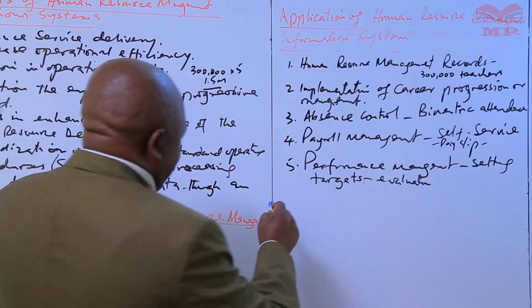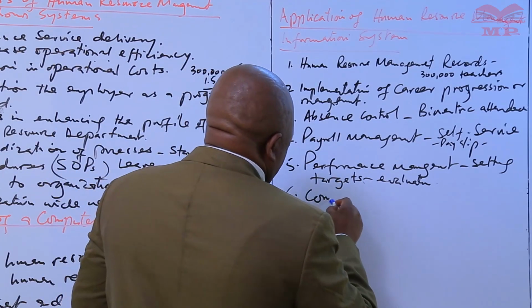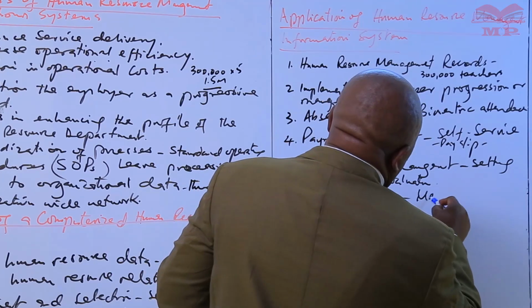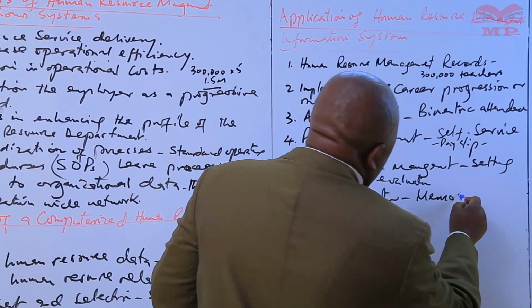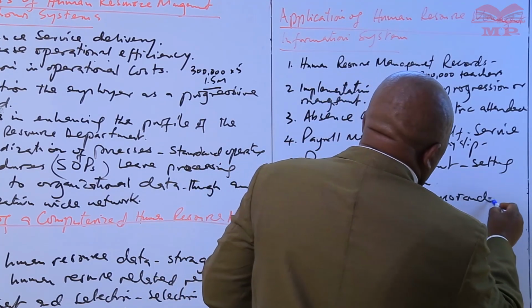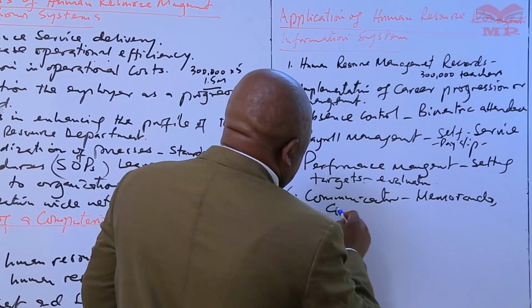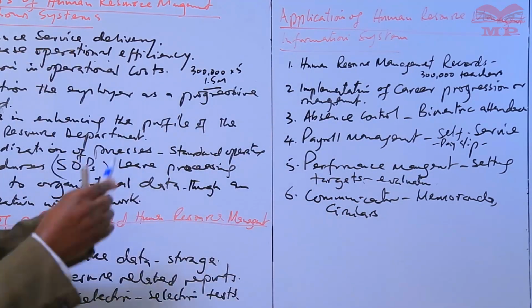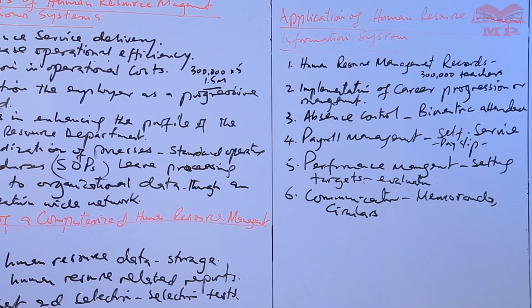There is also the element of communication. Here you are talking about memoranda and circulars. When it comes to memoranda, they are put on the intranet or internet, and workers can get them instead of circulating physical paper.